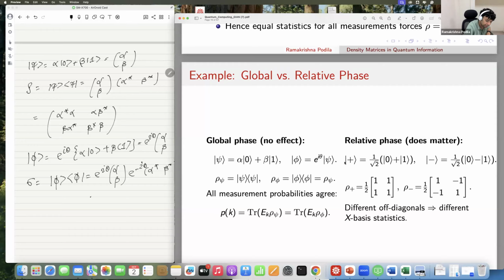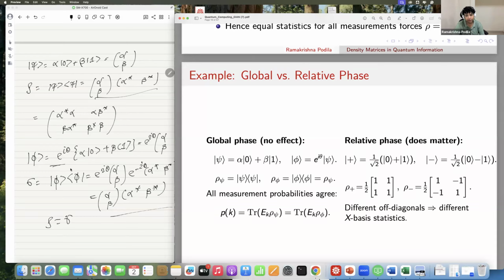So this would still be equal to (alpha, beta)(alpha star, beta star), which is the same, right? So then rho would be equal to sigma if you differ by a global phase. Does that answer your question? Yes. So the off-diagonal elements will also be the same if you have a global phase.